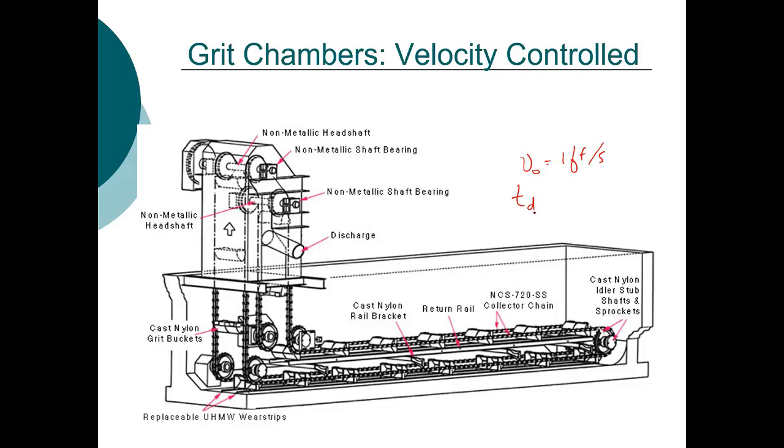So that's much less than in a primary sedimentation basin. And you've got the scraping device at the bottom, again, to gather that grit in a location that then can be removed.